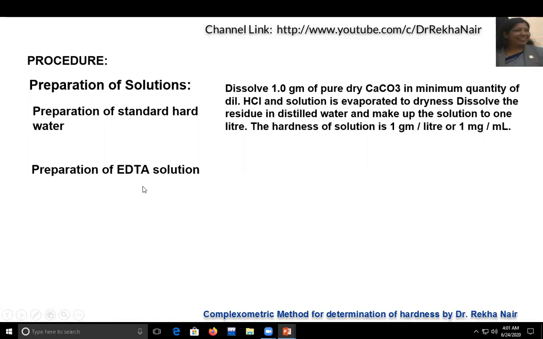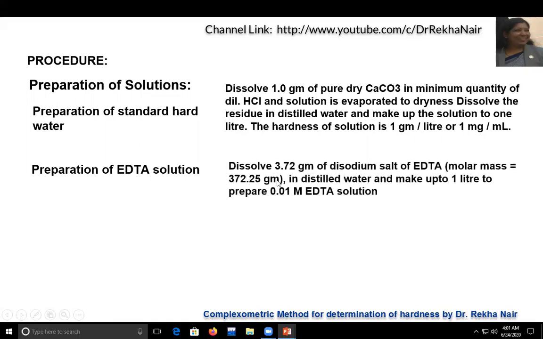For the preparation of EDTA solution, we need to dissolve 3.72 gram of the disodium salt of EDTA. As I have already said, EDTA is not soluble in water, so we are taking the disodium salt of EDTA. 3.72 we get from the molecular mass of EDTA, which is 372.25.